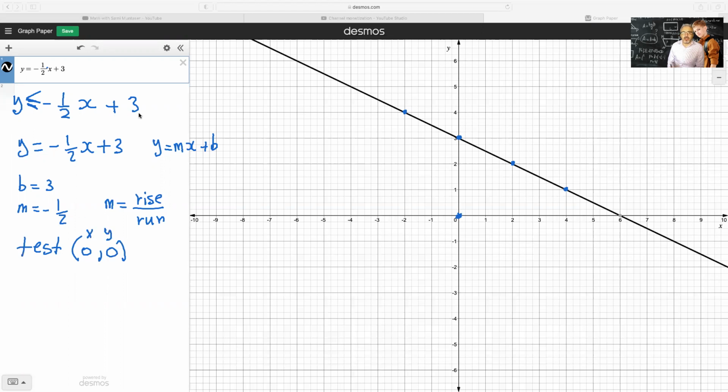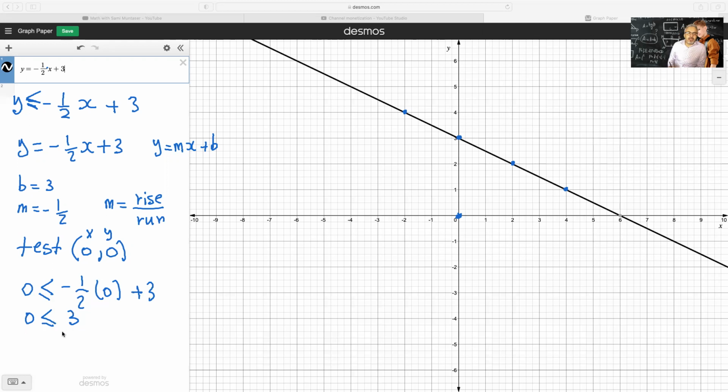Now we go to the original inequality given in the question, and we sub in 0 for x and y: 0 is less than or equal to negative half times 0 plus 3. Negative half times 0 just gives you 0, and then plus 3, you get 3. Now you look at this statement.